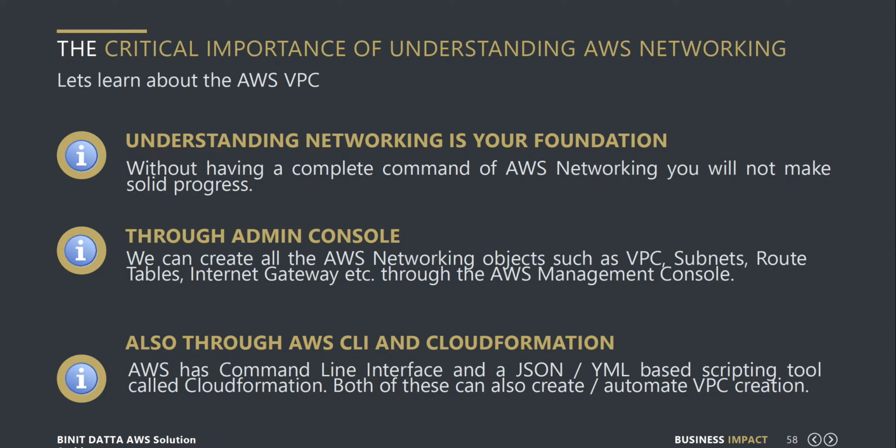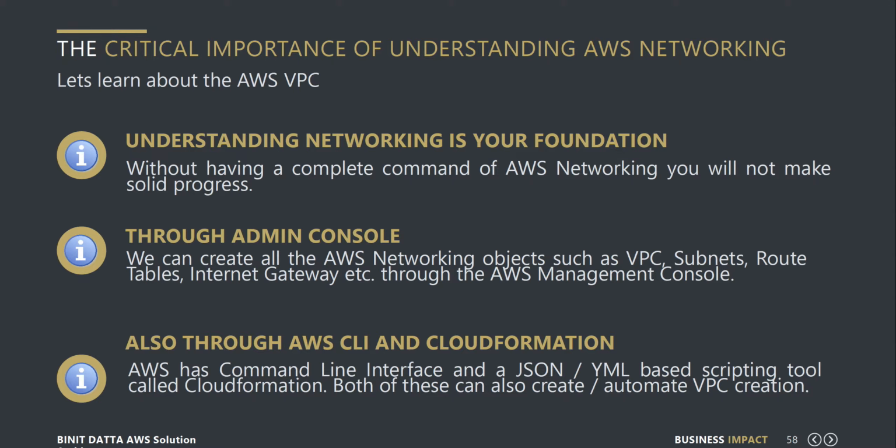Understanding network is your foundation. Without having a complete command of AWS networking, you will not make solid progress. So my stress is make sure you can create the network either through scripting, which is CloudFormation, or through AWS CLI, or at least you are clear when you are creating the network through the AWS Management Console.